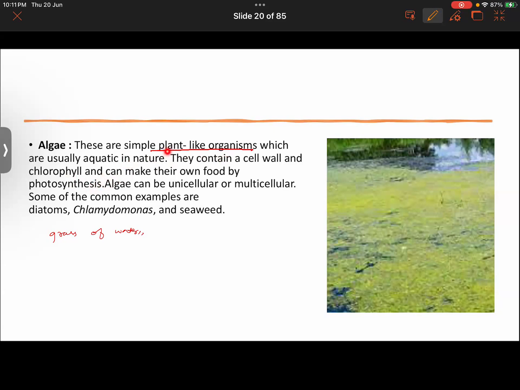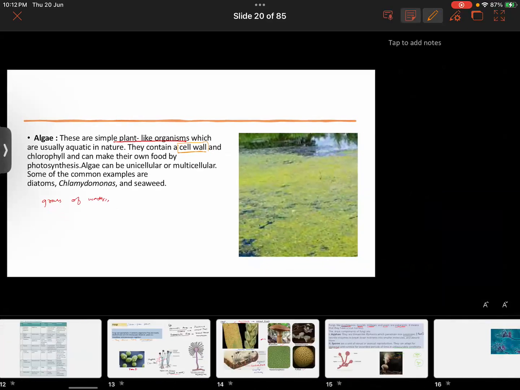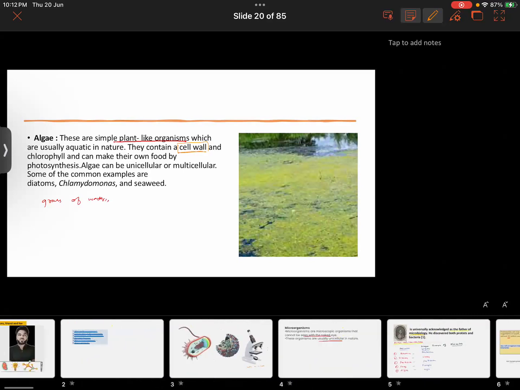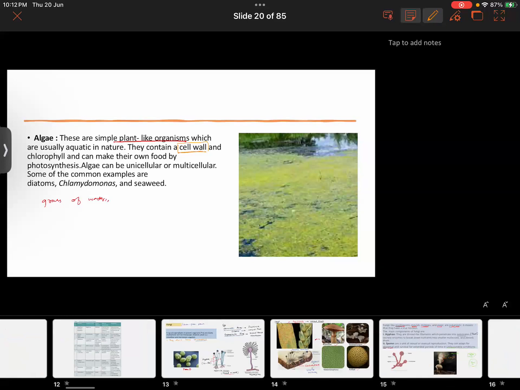Yes, Ibrahim, Jeffrey, Aisha, do tell me. Yes, sir. That makes them plant-like organisms. Another important feature is that they contain a cell wall, just like plant cells contain a cell wall. So hope that is clear.